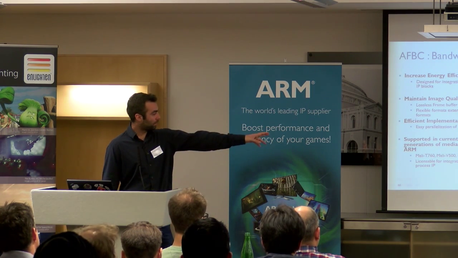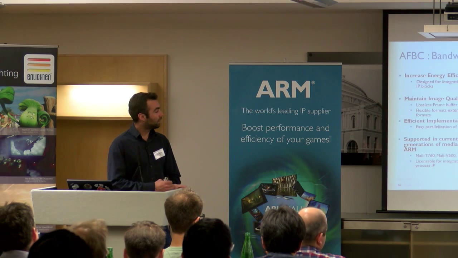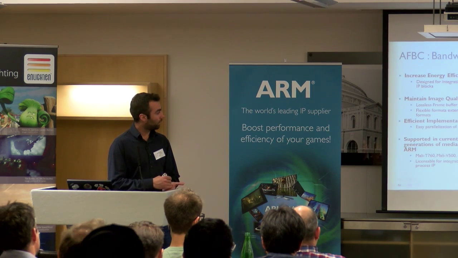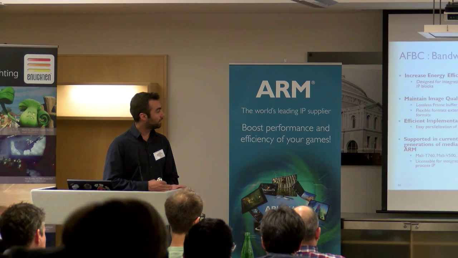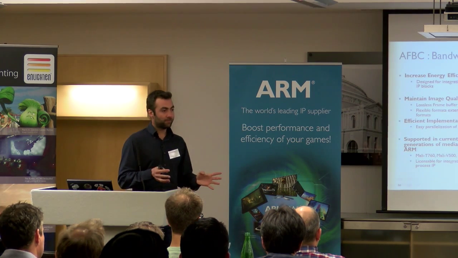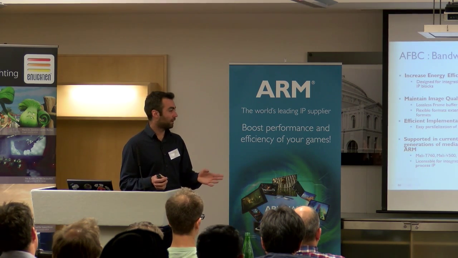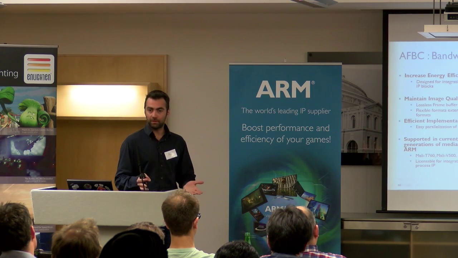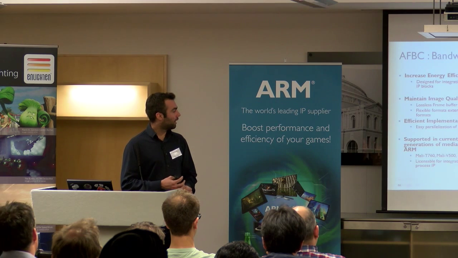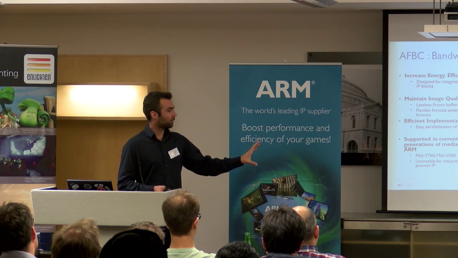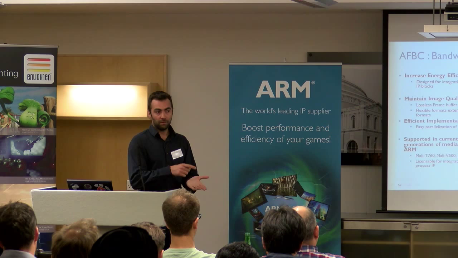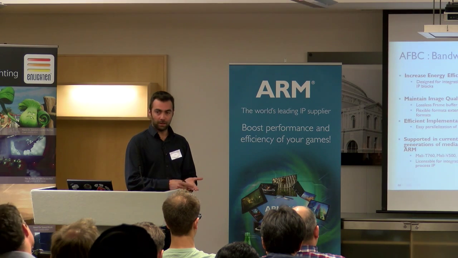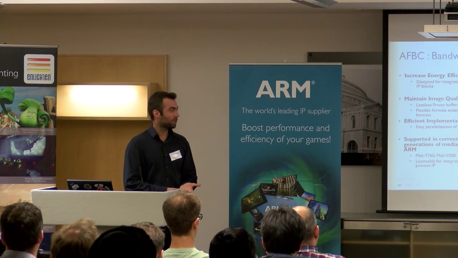So on the bottom right-hand side, you can see the bandwidth savings that we can achieve by AFBC. When you're compressing a frame by AFBC, you can have a typical 50% reduction, even quite higher than that in some use cases. But when you're having the overall application, obviously just a fraction of it will be bandwidth related to frames.